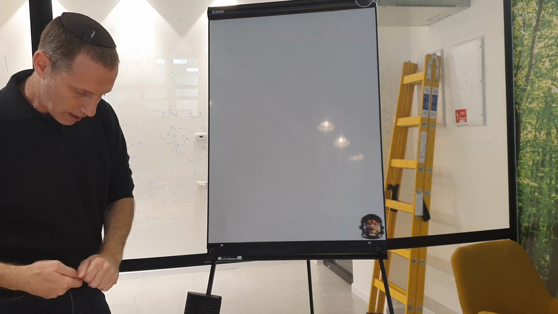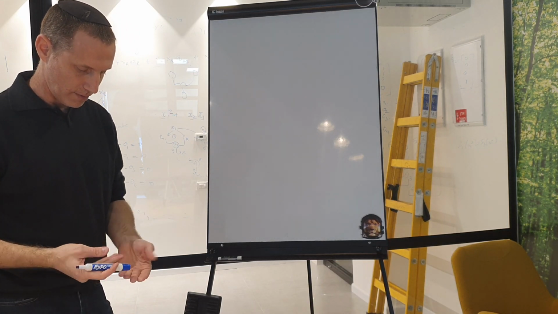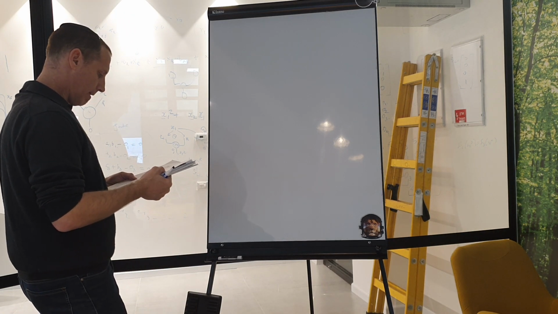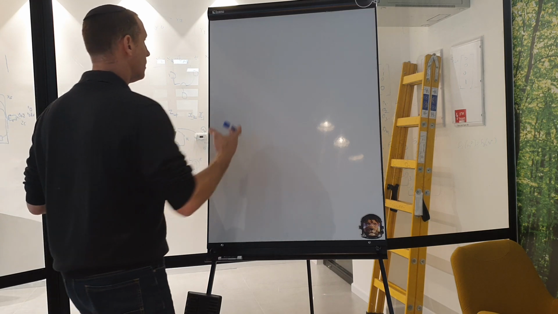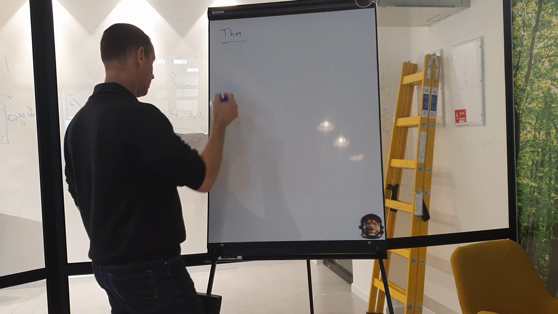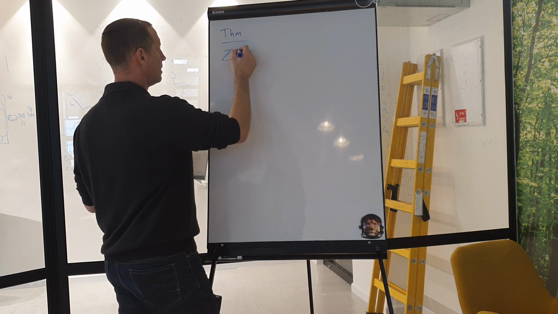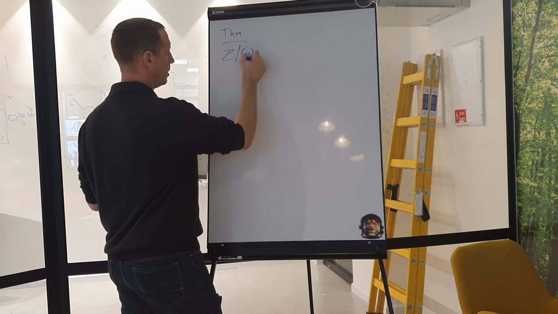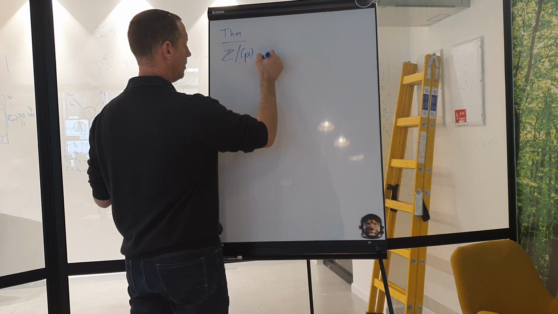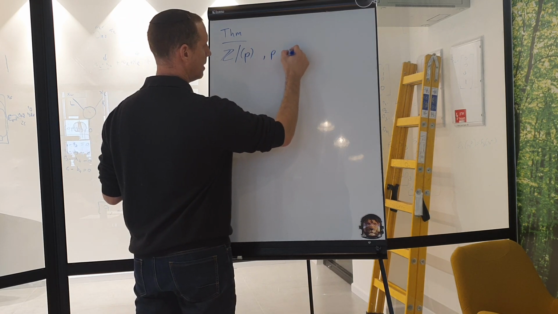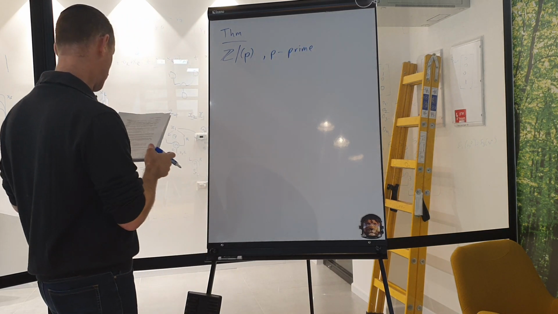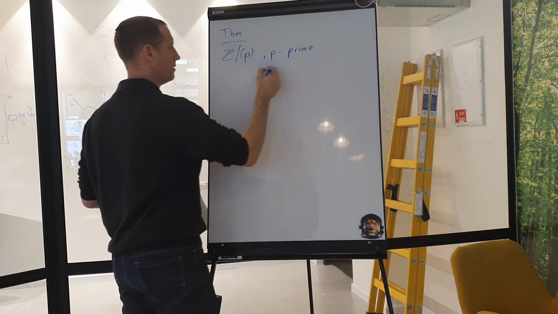Let's look at a very simple outcome of something that we did last time. We're going to use a result, so if you don't remember, have a look at the video from last time. So, a theorem, and even though it's very simple, it's important. We say that Z quotient with P, with P prime, is a field.